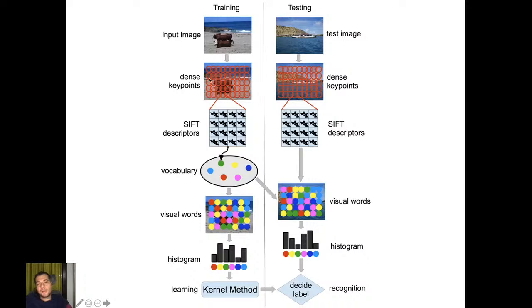Then you have to go back to the image and figure out for each descriptor which cluster it belongs to. So this red descriptor here means that this descriptor was assigned to the red cluster, and so on. Then you just count the occurrences in order to build a histogram representation. And then you can apply some learning model, so you can use a classifier or a kernel method to discriminate between different object classes.